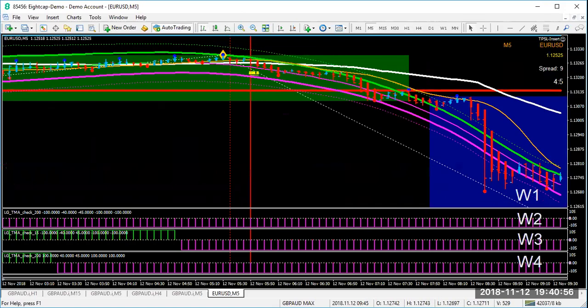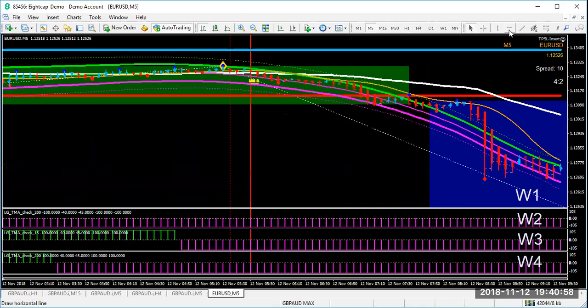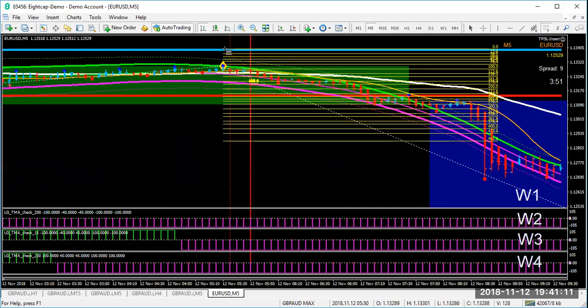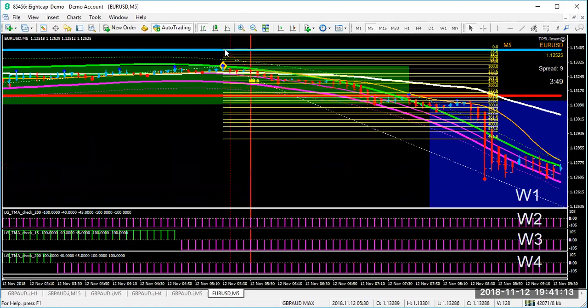Okay. So over here, we're doing a projection on a solid. You can do this on a dotted one. Okay. Pull it back to the channel line, and it'll project downwards. Okay.